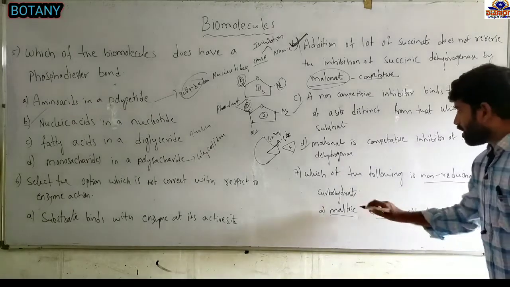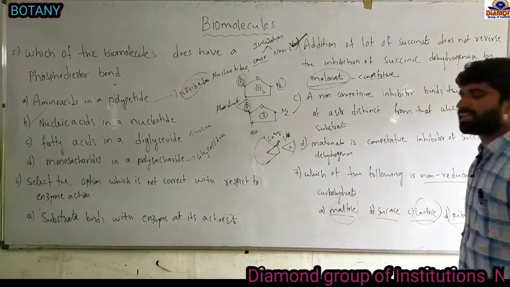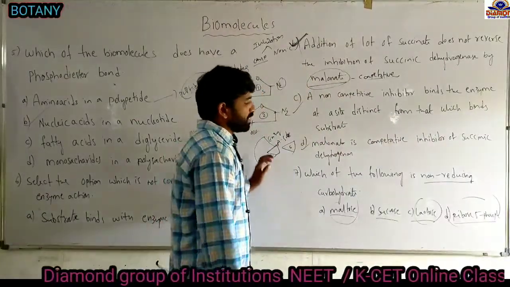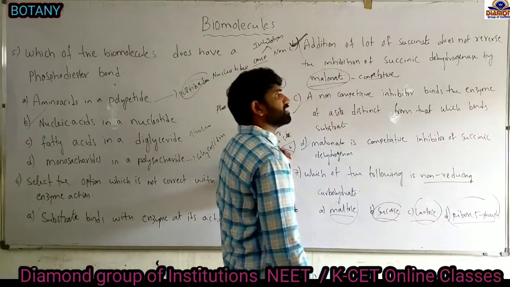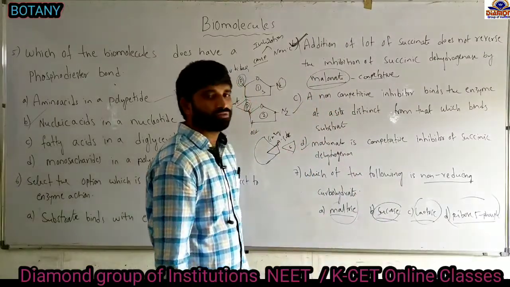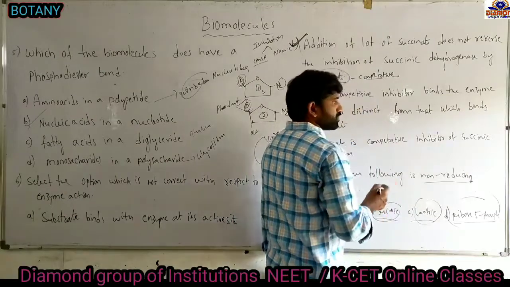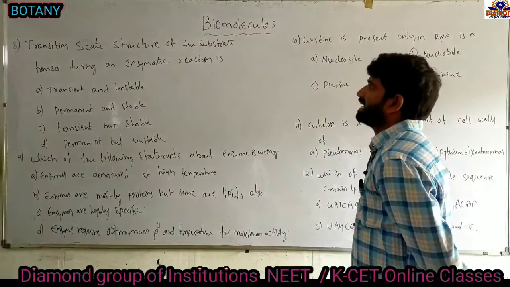Out of these four, maltose, lactose, and ribose 5 phosphate contain a free aldehyde or ketonic group. But the sucrose molecule does not have a free aldehyde or ketonic group. So that's why the non-reducing carbohydrate is sucrose only. Answer is B. Next question.